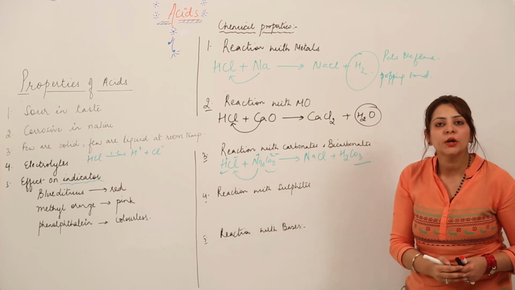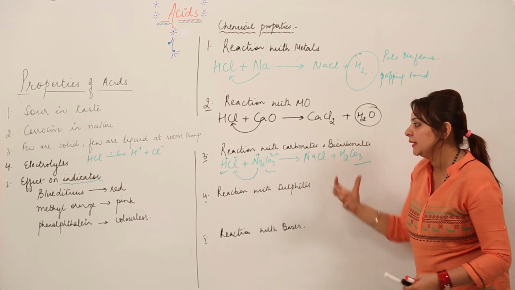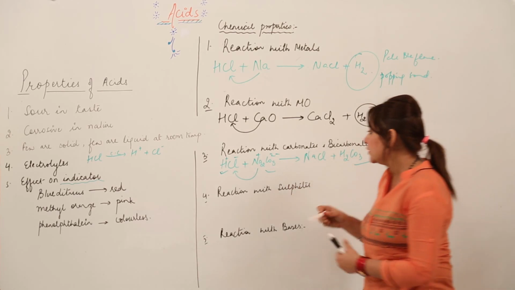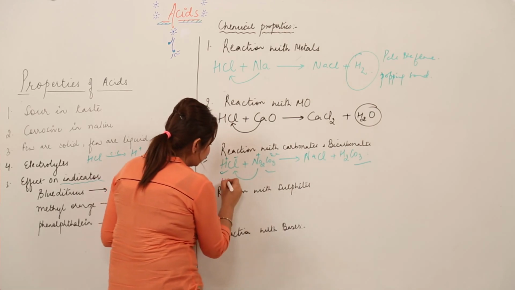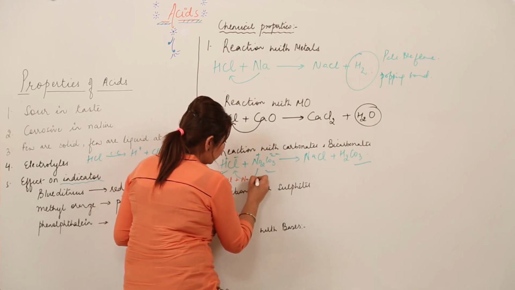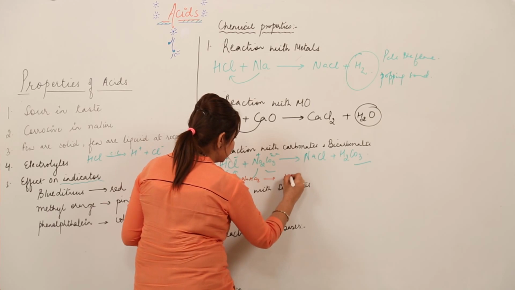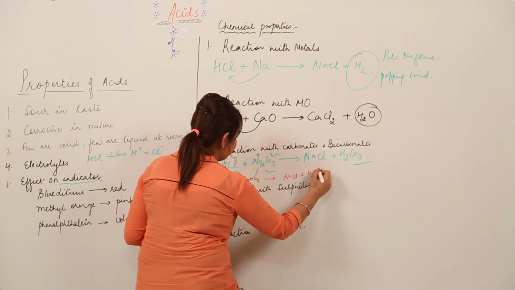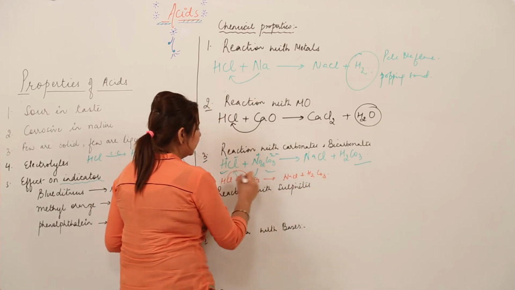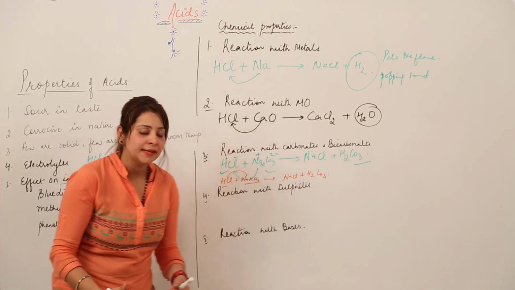This is how we do the reaction with the carbonate and the bicarbonate. If I state an example with sodium bicarbonate, again I'm going to have NaCl and again H2CO3. So again the same product.